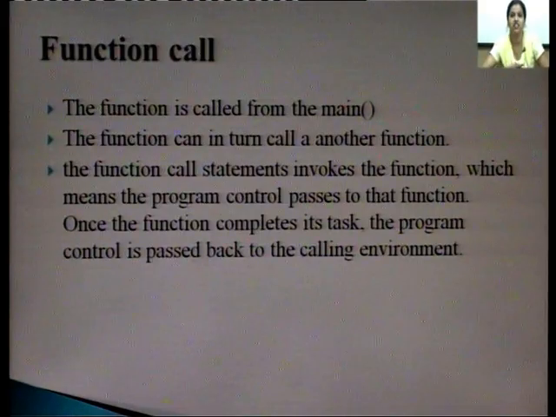This is known as the nesting of the function calls. The function call statement invokes the function, which means the program control passes to that function. Once the function completes its task, the program control is passed back to the calling environment.